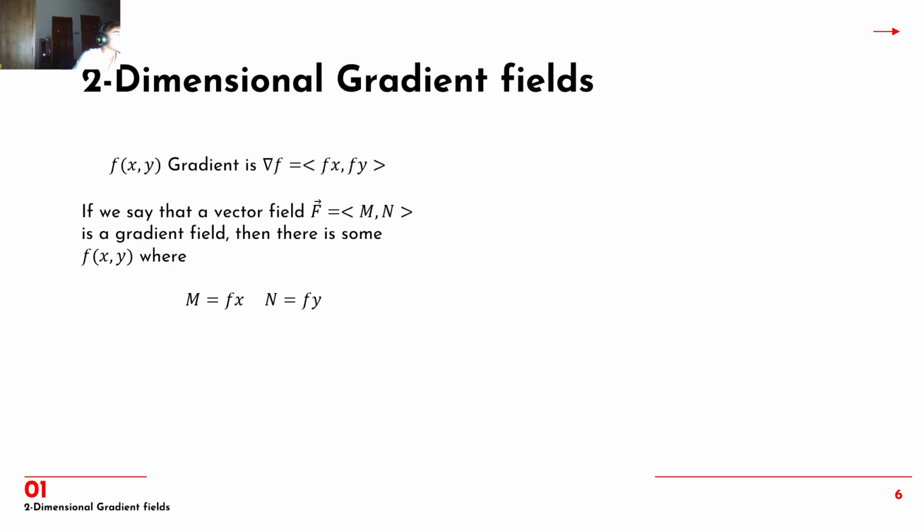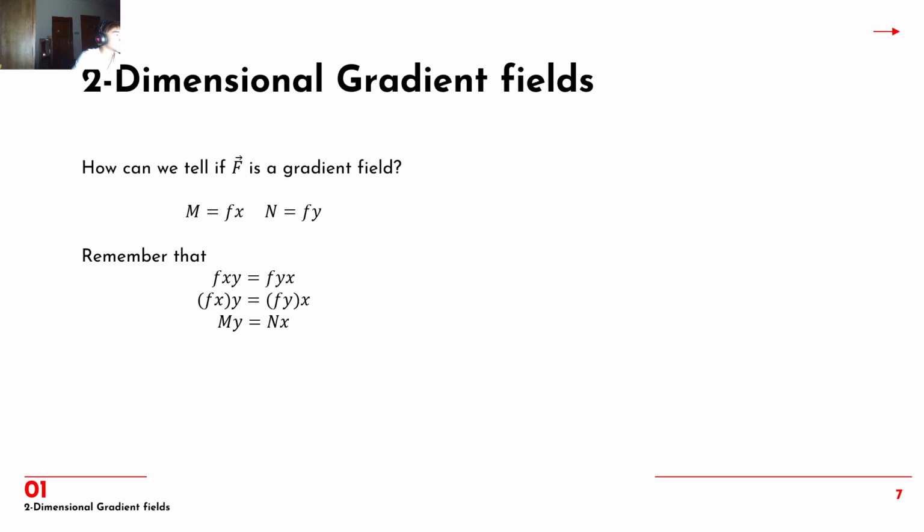So for the two-dimensional gradient field, the gradient of f of x and y is equal to fx and fy. If we say that a vector field vector F equal to M and N is a gradient field, then there is some f of x and y where M equal to fx and N equal to fy.